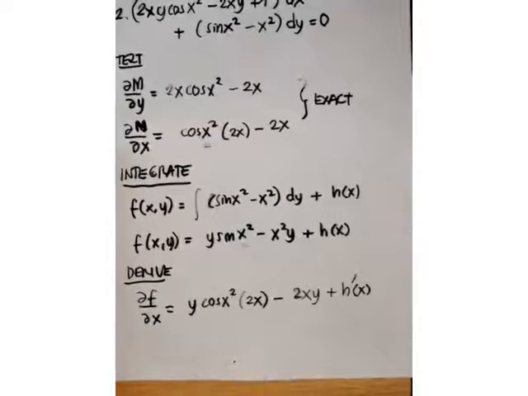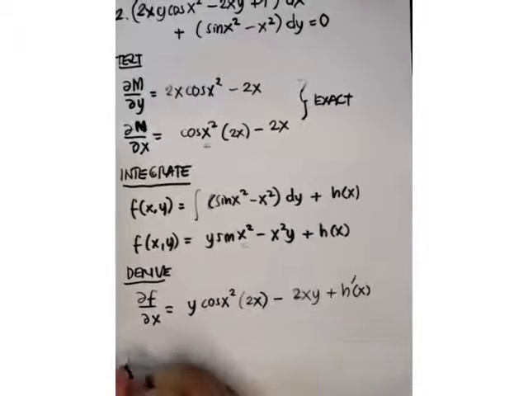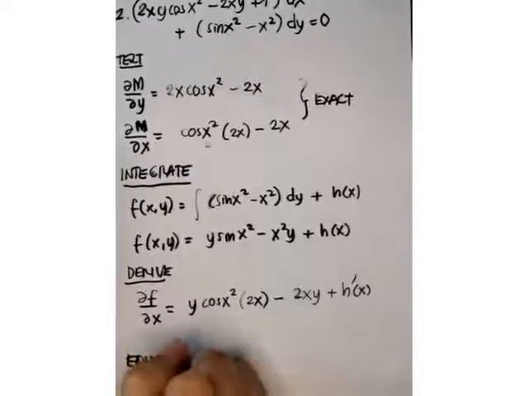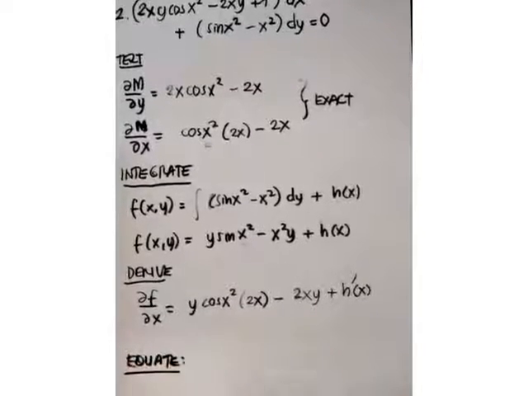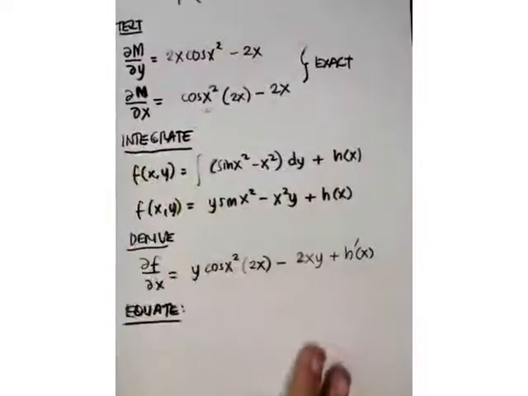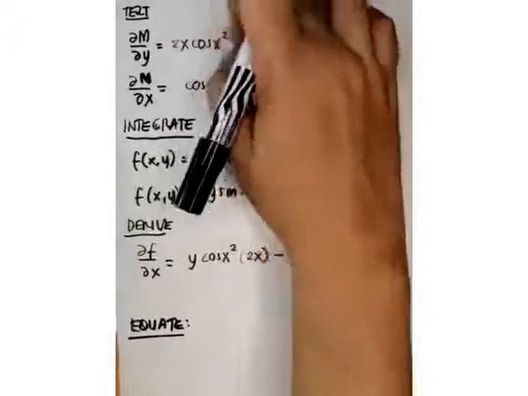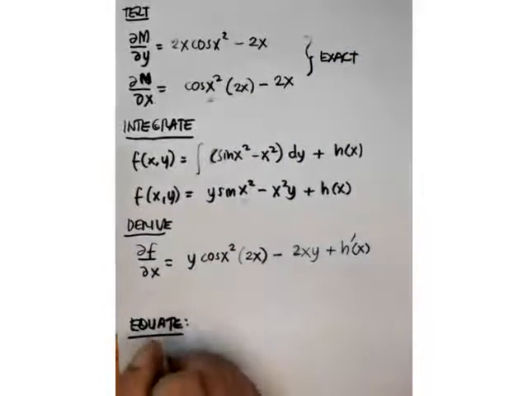Okay. And then let's equate that to the... yan. So let's equate that to which one? So since n ang pinili natin, so let's equate it to m. So ayusin ko lang.